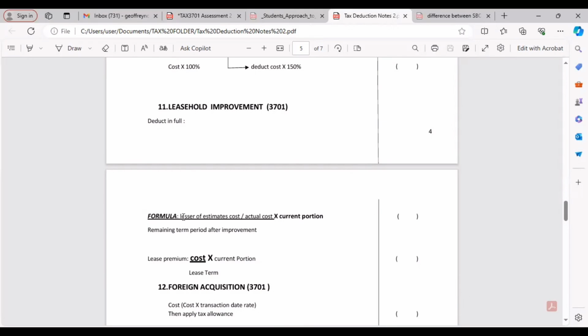Formula: lesser of the estimate amount or the actual amount, multiplied by the current portion over the remaining term period. I will explain what that means after. Then the lease term is the cost divided by what? The lease term, multiplied by the current portion. So you see, everything is in brackets, you are deducting.